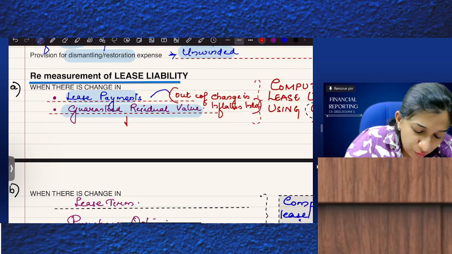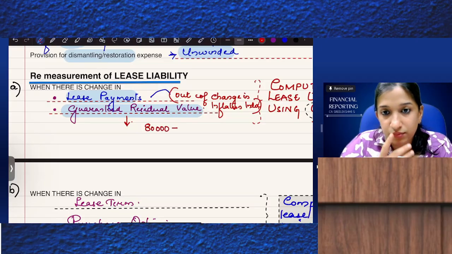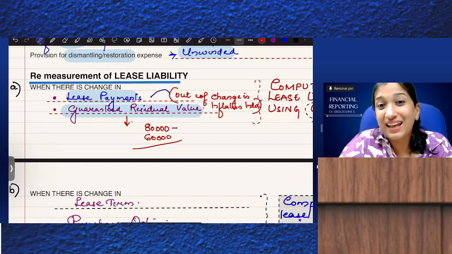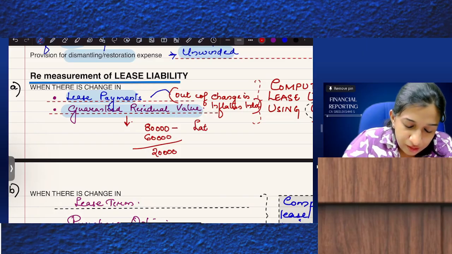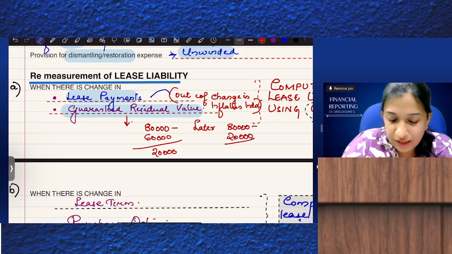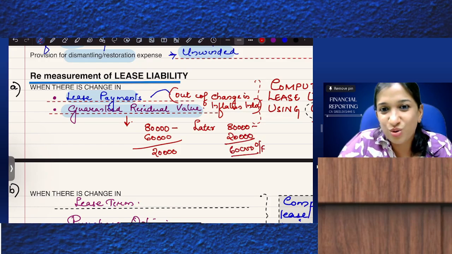Guaranteed residual value. Initially, I thought 80,000 is the guaranteed value, 60,000 will be the expected residual value, so I need to pay 20. But later, I think the expected residual value will be only 20, then the cash outflow will change to 60,000. Yes or no? Cash outflow will change to 60,000.